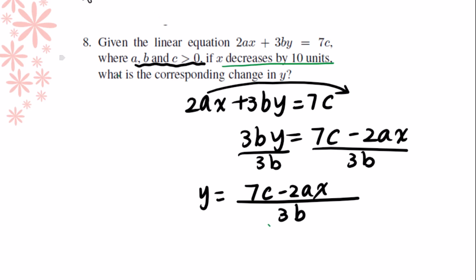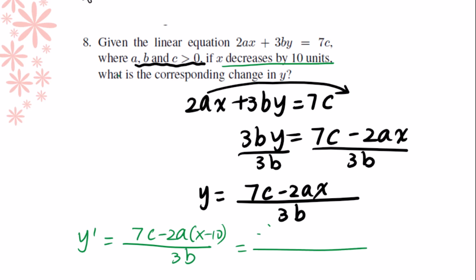If x decreases by 10 units, we will change x into x minus 10. We get y prime equals (7c minus 2a times (x minus 10)) over 3b, equals 7c minus 2ax, distributive property, plus 20a over 3b.